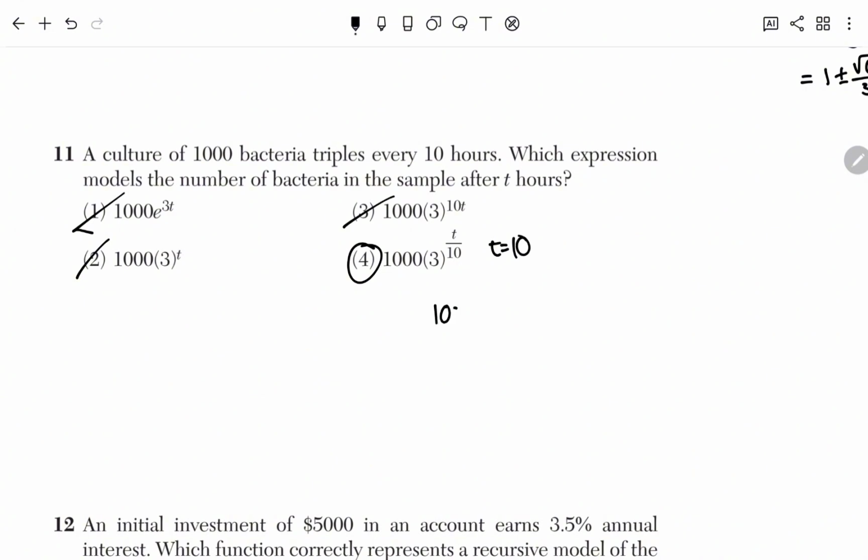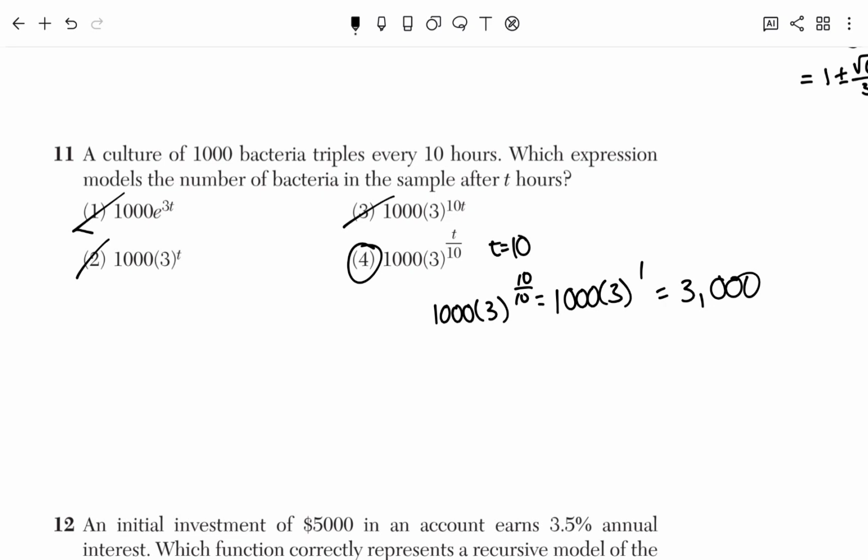If we do 1,000 times 3 to the 10 over 10, same thing as 1,000 times 3 to the 1, which is going to give us what? 3,000. Does that follow the condition? Yes, because it's saying that the bacteria triples every 10 hours. 10 hours have passed, and now the new sample of bacteria is at 3,000 bacteria. It tripled over the 10 hours.